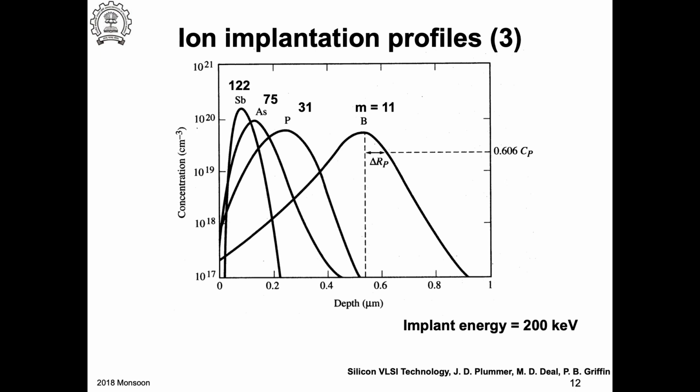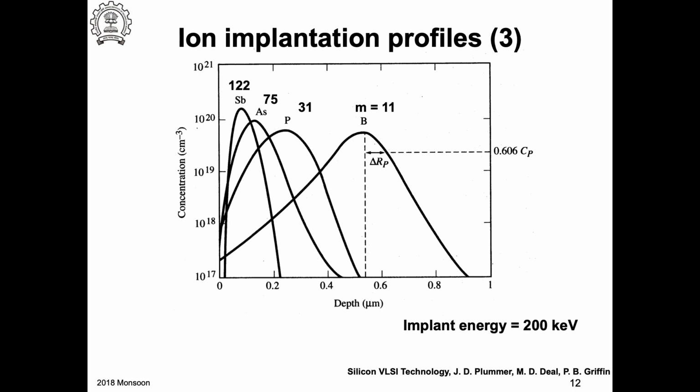So 1 out of how many silicon atoms? Maybe like 1 out of 100. 5 into 10 raised to 22 is the density of silicon. If you're talking about 1 out of 200 atoms, it's less than even half a percent. So you can't say that this is a different material.